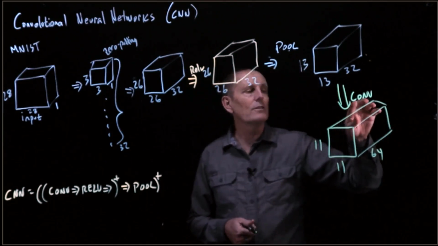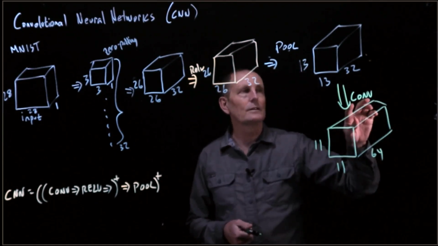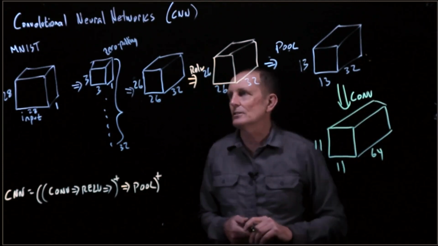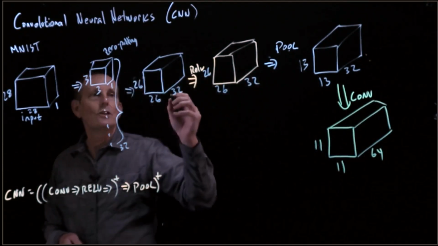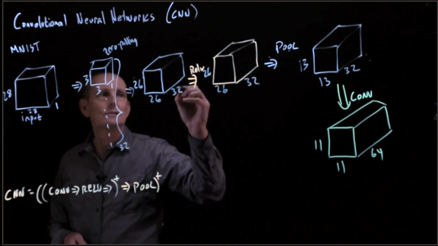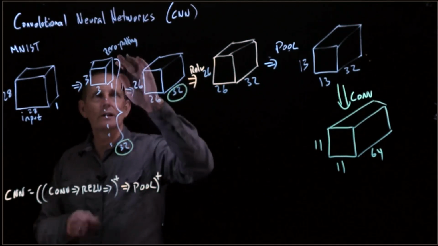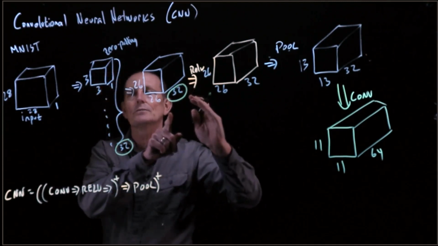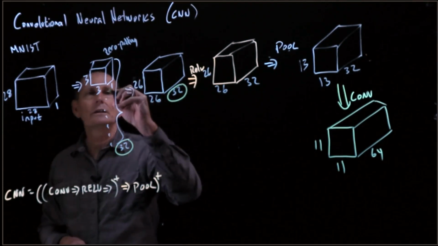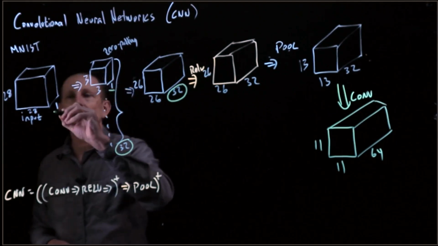How many kernels do we have? We have 64 kernels, right? That comes in here. Just to make sure we agree, this 32 matches with this 32, right? We have 32 kernels, and so therefore the depth of the next layer is 32. This 1 here matches this 1.